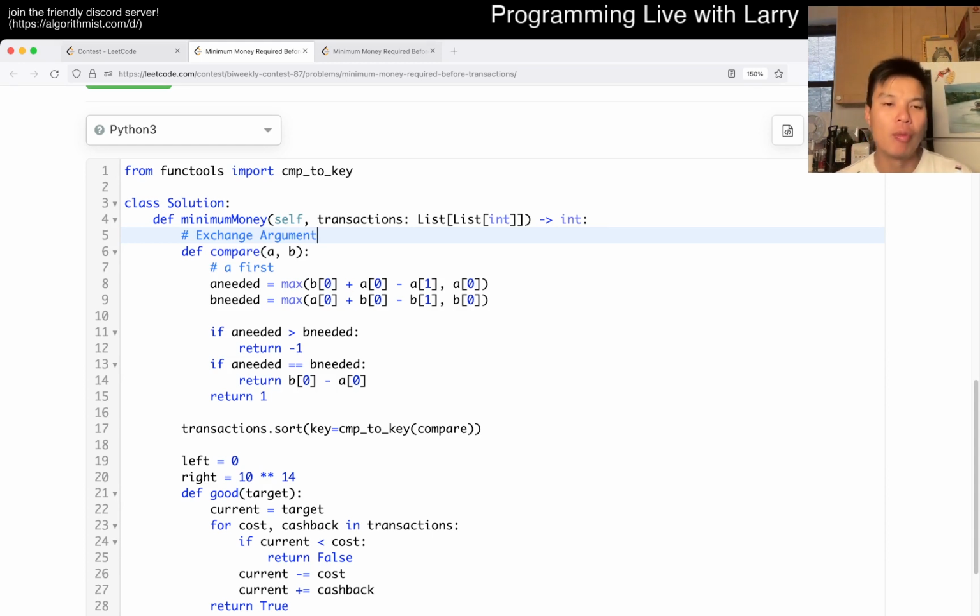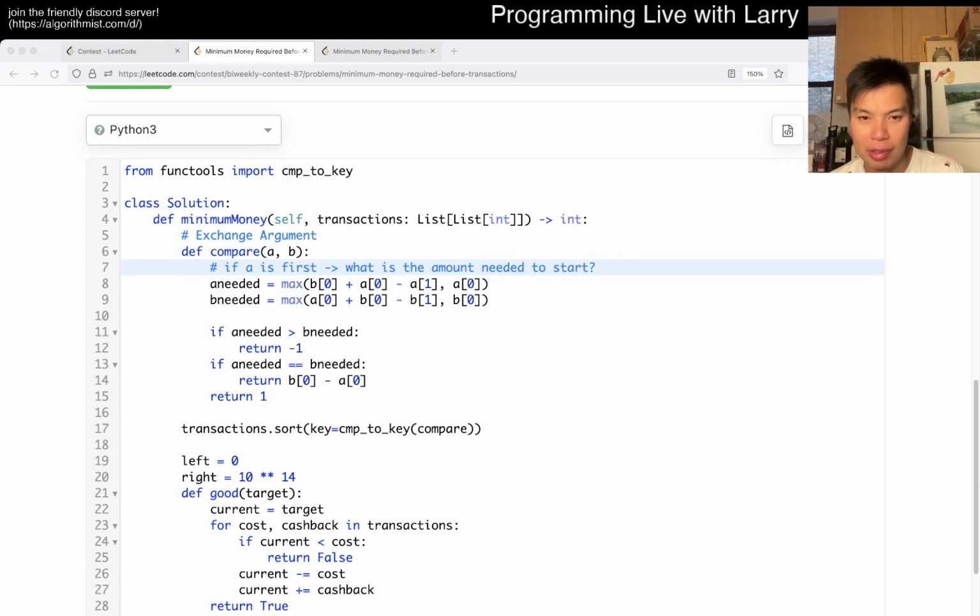Basically, I go, okay, like in a greedy way, or maybe not a greedy way, but just calculating, right? If A is first, what is the amount needed to start? And this is basically because now we have two elements. Then you can just go through the scenarios, and that's what I did.